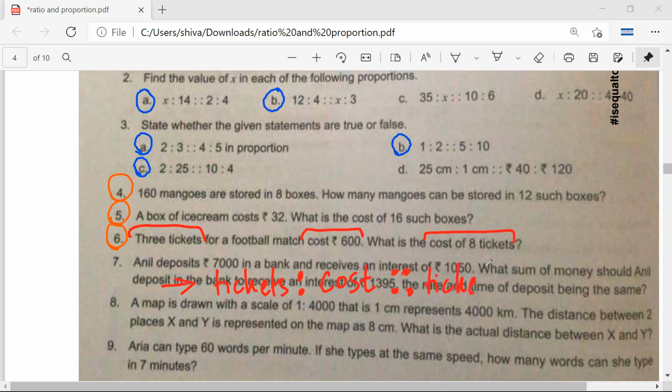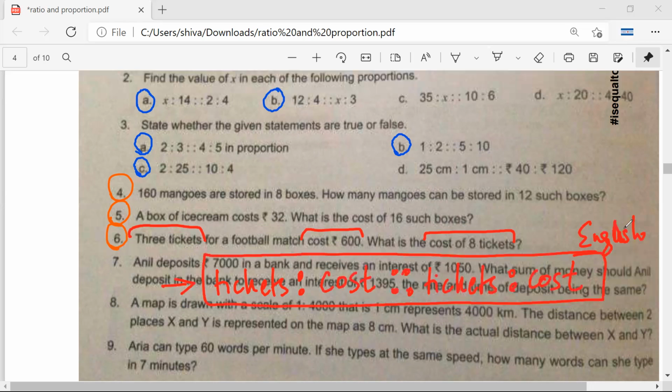Tickets is to cost. First, write this in English. Any doubt? Do not try to write the ratio in maths first, in numbers first. Just write it in English first. This should always be your first step. This is the best way. And then you add the numbers.